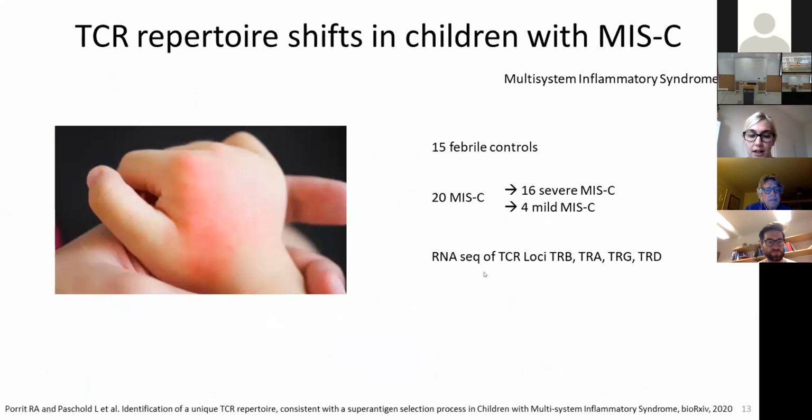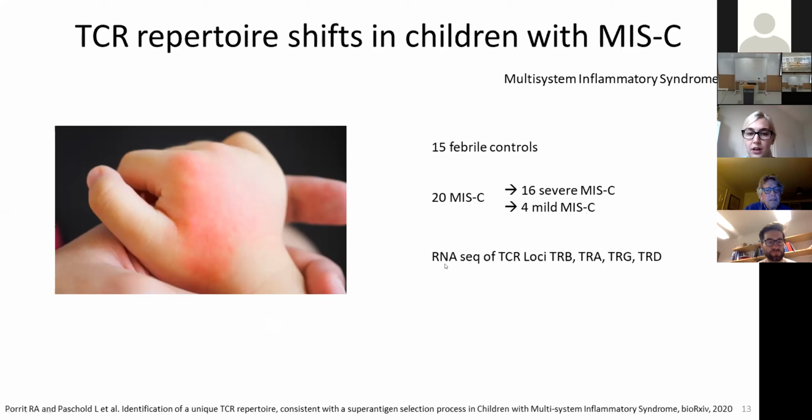And the next step was to sequence their patients because they had a cohort of children with MIS-C, and they had 16 severe and 4 mild samples, and also age-matched febrile controls of children.